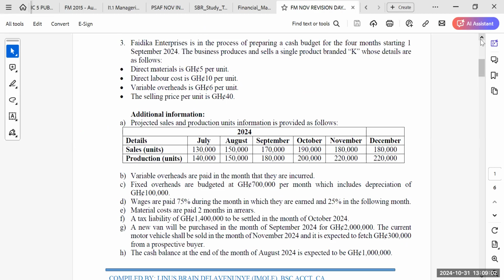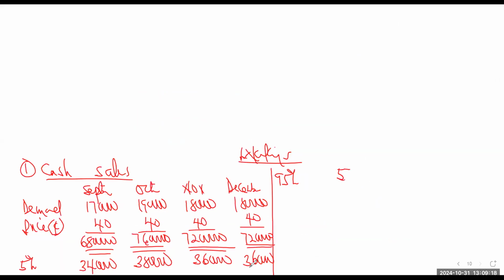That would be 6 million, then 95% on that. 5,700, so I'm having 5.7 million. The 95% of September will be received in October. That will give us 6,460,000.